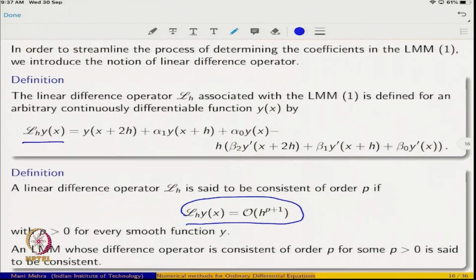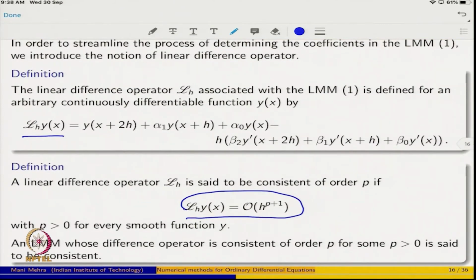That is what we have seen in the last lecture also. So, to define this truncation error concept in an alternative way, a linear difference operator L_h is said to be consistent of order p if p is greater than 0 for every smooth function y.